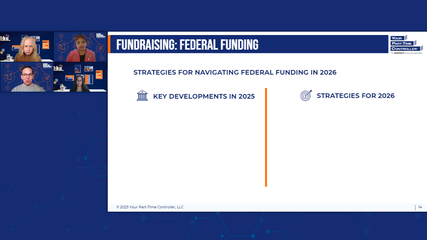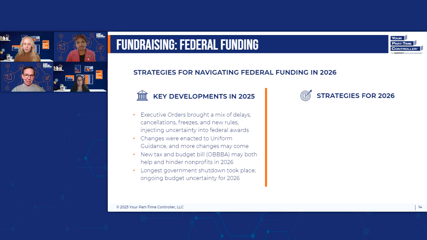There were revisions that went into effect for uniform guidance, the rules that govern how we manage federal awards, but also an executive order several months later suggesting more changes are coming. There was a new tax and budget bill, OBBBA, which may be a double-edged sword for nonprofits. There was a record-long government shutdown that just ended. And by the way, when it ended, we'd only passed 3 of the 12 necessary full-year appropriations bills.